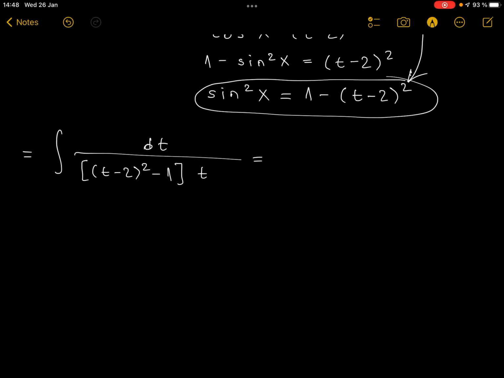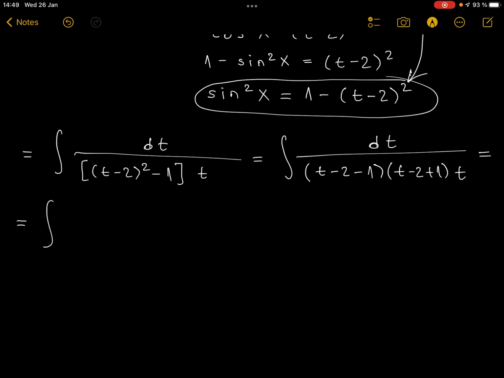Now of course we can rewrite this. We see here a difference of two squares, so we can rewrite this integral as dt over t minus 2 minus 1 times t minus 2 plus 1 times t.